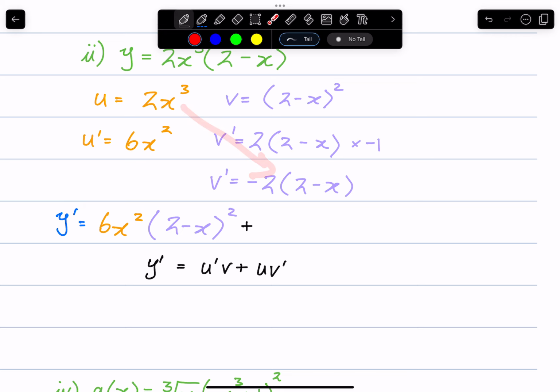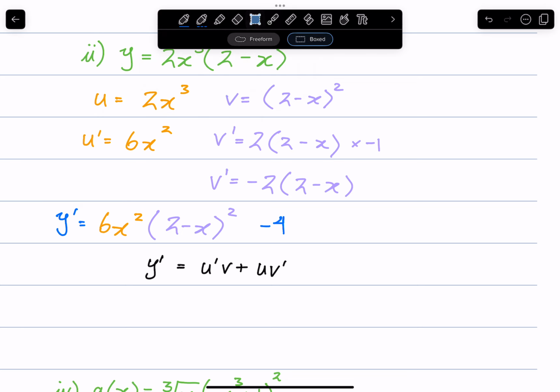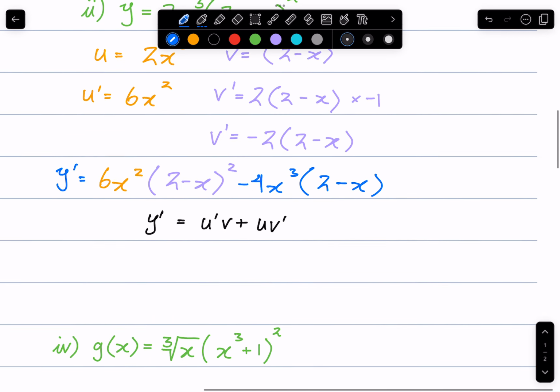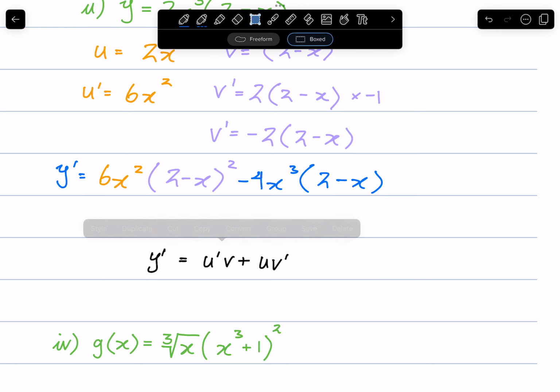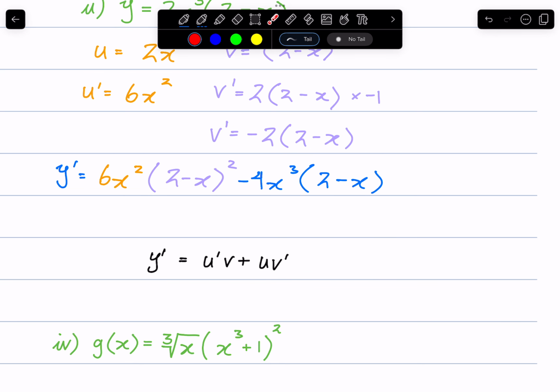Multiplying these two, I will get, well, 2 times negative 2, that is negative 4, and I realize we don't need that plus at this point, so I can erase that. So negative 4x cubed times 2 minus x. I hope from here, at this point, this is just the application of this product rule. Moving forward from this point is just simplifying the expression.